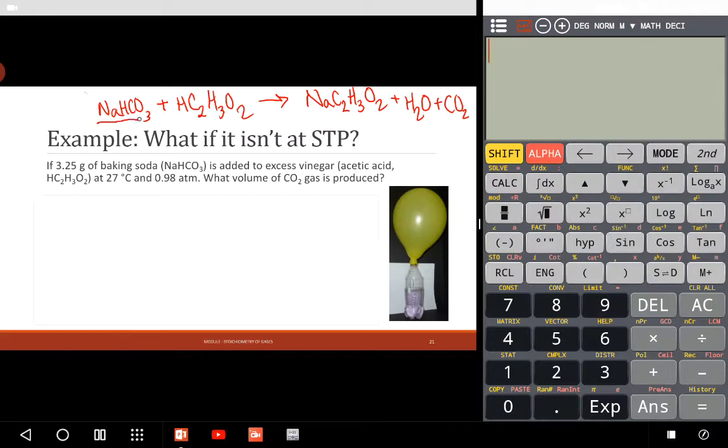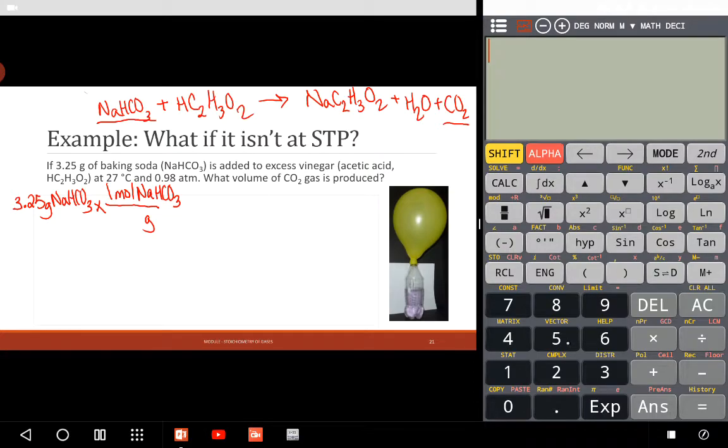We are going from baking soda to carbon dioxide gas. So I'll start over here. We have 3.25 grams of baking soda. I'm going to need to get that from grams to moles of baking soda. So that's going to be my molar mass.